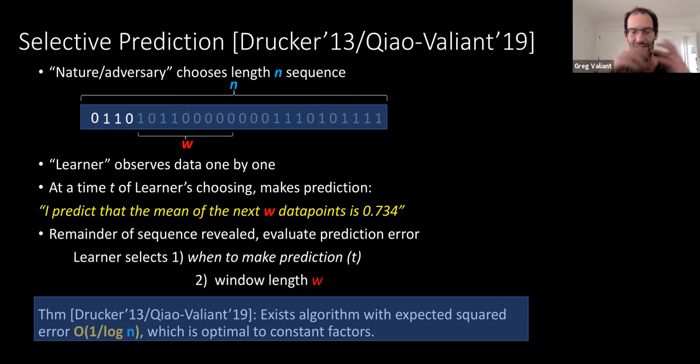So there must be some consistency at some time scale, given any sequence. So this is sort of a Ramsey theoretic type thing, saying, look, given any length and bounded sequence, there is some notion of local predictability.